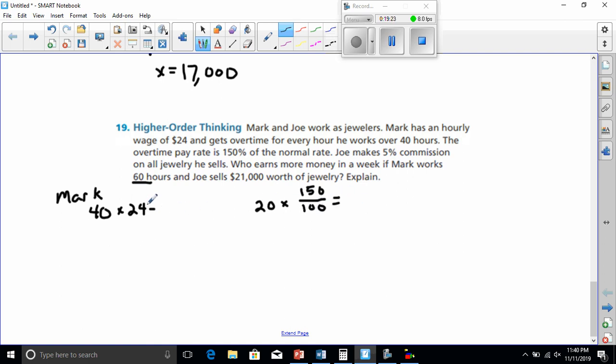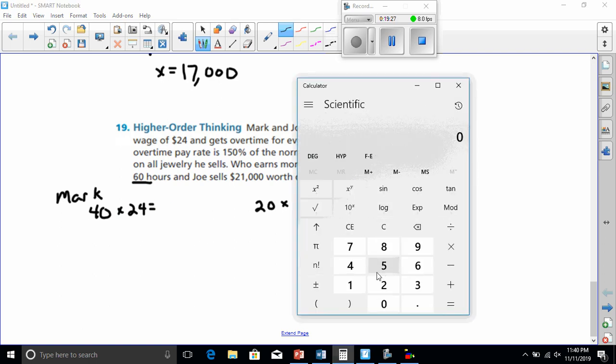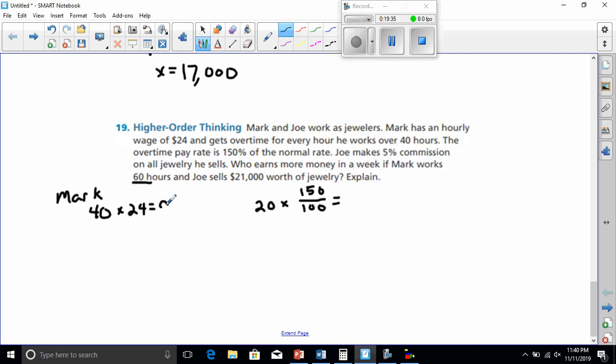So let's start over here. We've got 40 times 24. That's going to be 960. So he gets $960 for his regular wages. And now we have to take, well, I have to take this back.